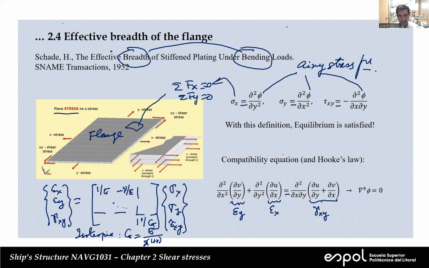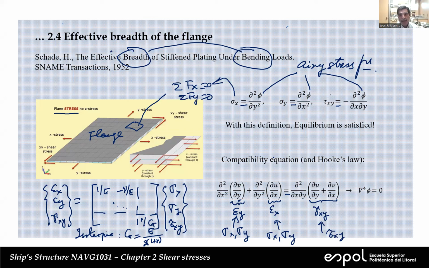Now, that means that here I can relate epsilon y to sigma x and sigma y. Similarly, this one here I can relate to sigma x and sigma y. And this I can relate to tau xy using Hooke's law.